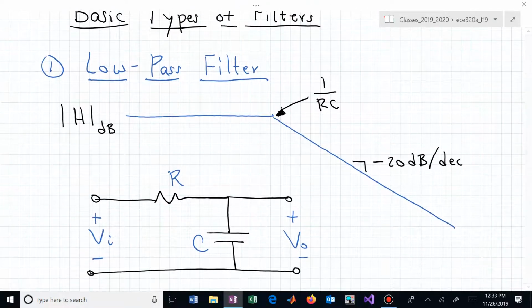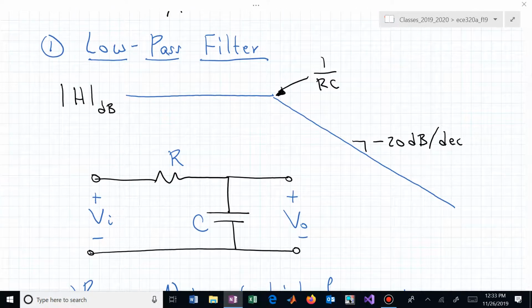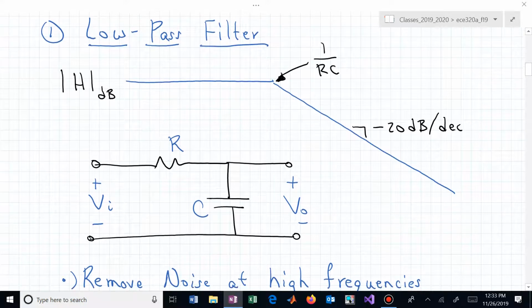You know the drill or the types of filters. We have low-pass filters, and now you should be able to quickly sketch a passive realization of a low-pass filter. That's just an RC circuit. And you should be able to analyze that in the time domain, but in this class it's mostly in the frequency domain. Can you find the transfer function?